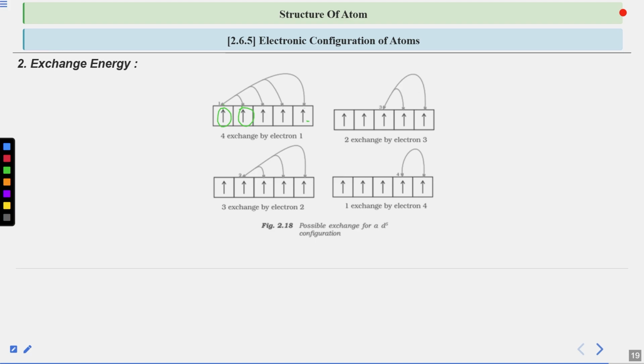Now, since they can exchange their position, that leads to delocalization of these electrons, meaning they can move from one part to another. Now, whenever there is a delocalization of charges, because electron is a charge, there is a decrease in energy. Okay, and due to this delocalization or exchange, we see that the half filled and the full filled are more stable. Thank you.